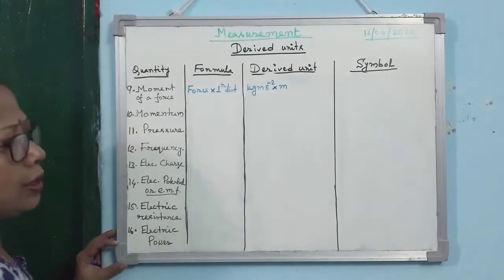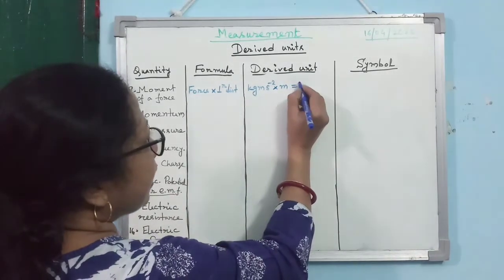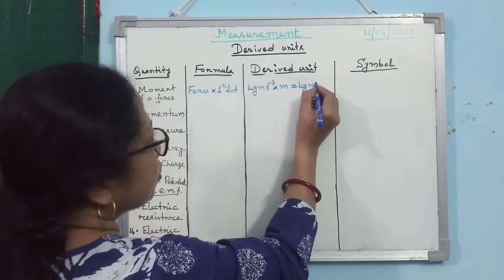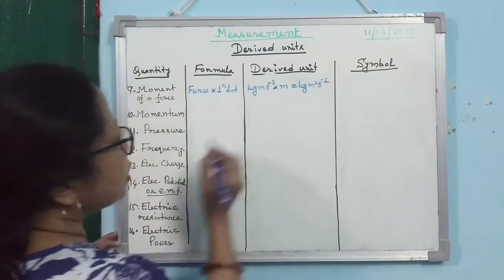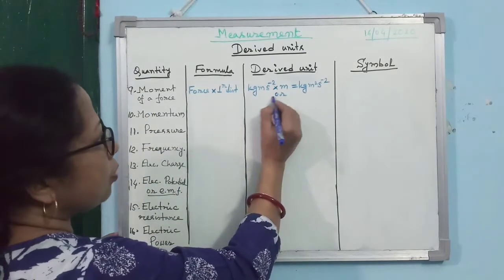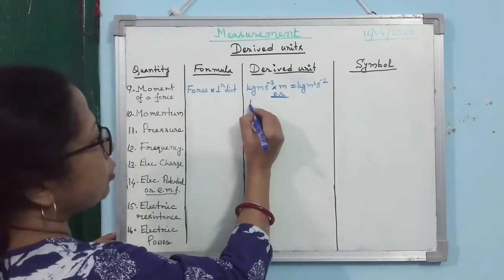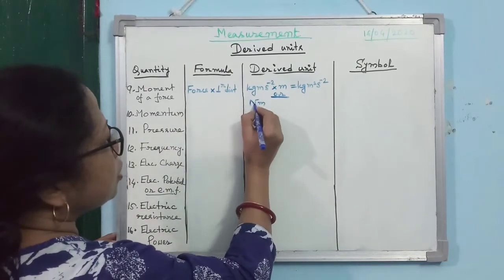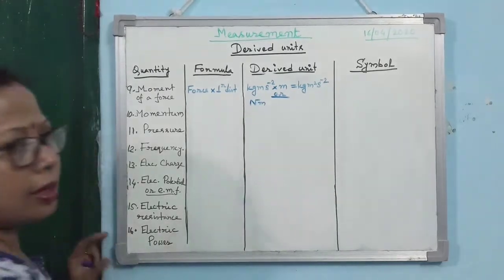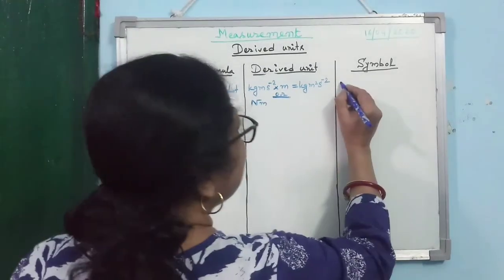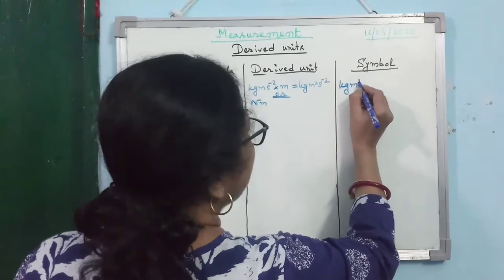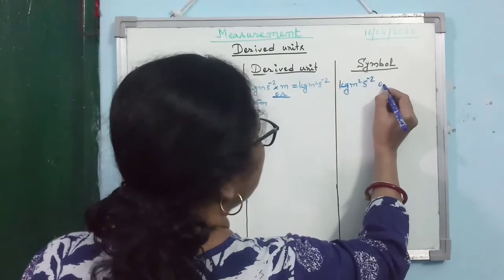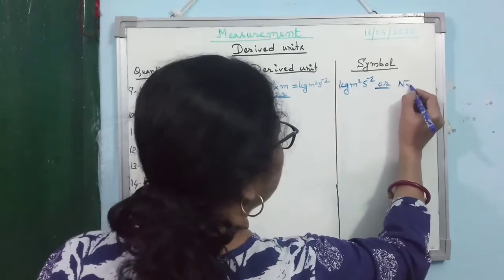What is the SI unit? Meter. So you can write it as kg meter square s to the power minus 2, or you can write it this way, force is Newton and perpendicular distance is meter. So you can write it as Newton meter. So what are the symbols here? Kg meter square s to the power minus 2 or Newton meter.